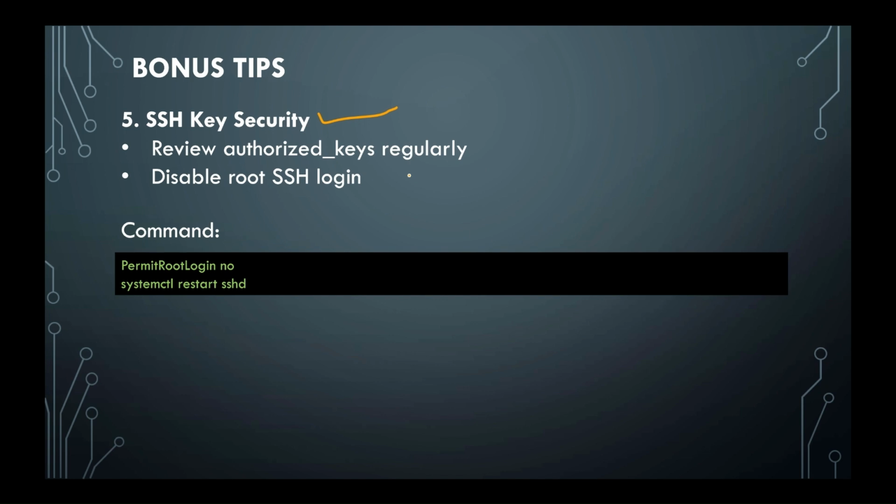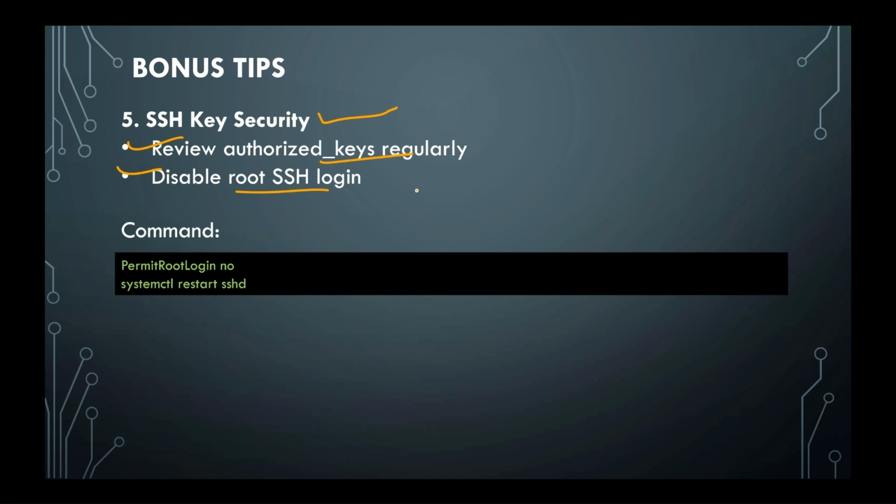Here are some tips: review your authorized keys regularly to ensure only trusted keys are listed, rotate keys periodically to limit the damage if a key is ever compromised, and disable root login over SSH to prevent attackers from using root SSH keys.